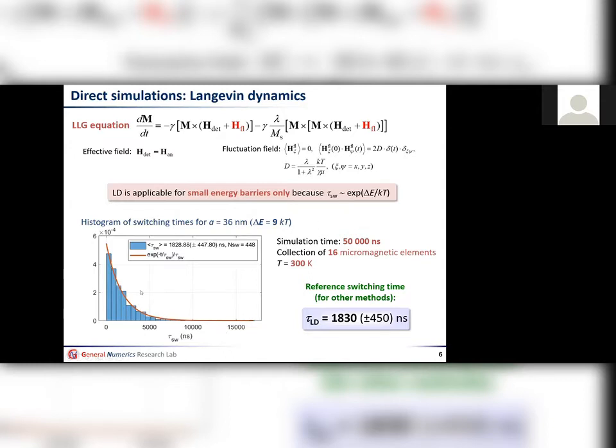And this is our golden standard. It is possible to perform Langevin dynamics for the smallest element with 9 kT energy barrier. And you have this result, a nice exponential distribution of switching times. And this is a dispersion of this distribution. So this is our reference switching time for other methods.